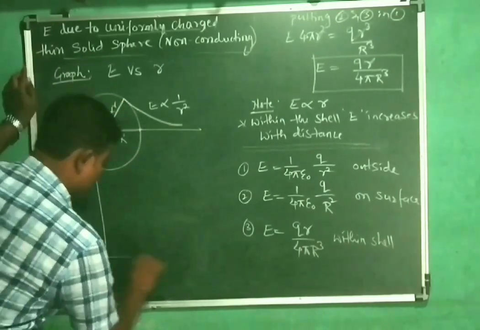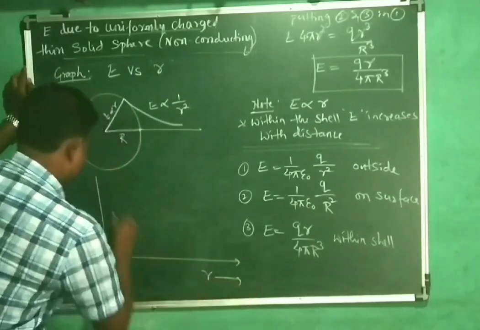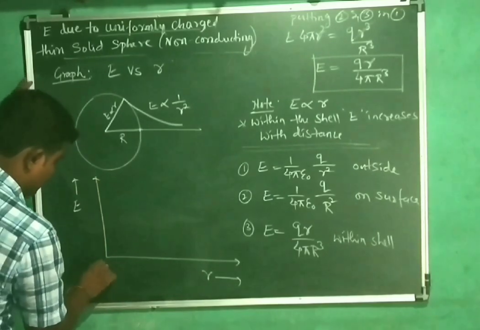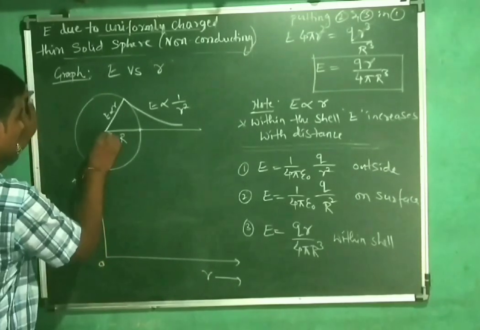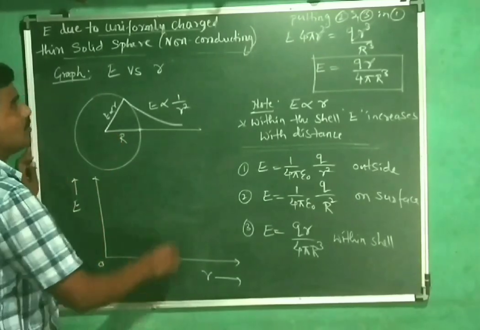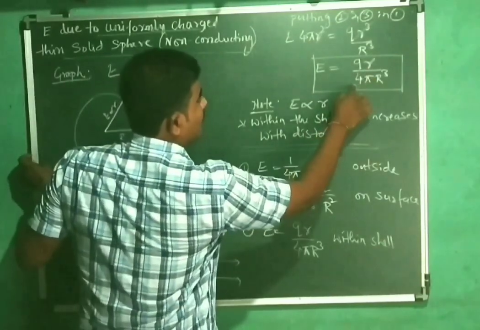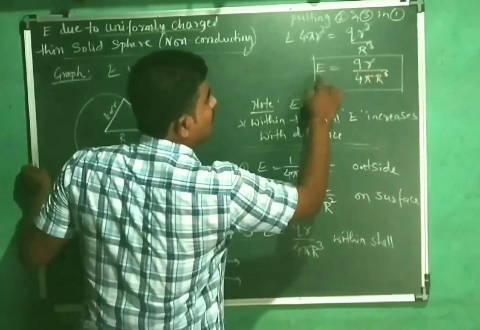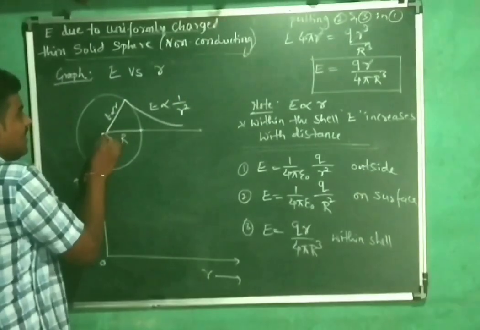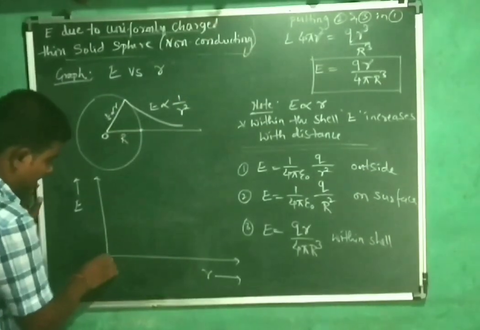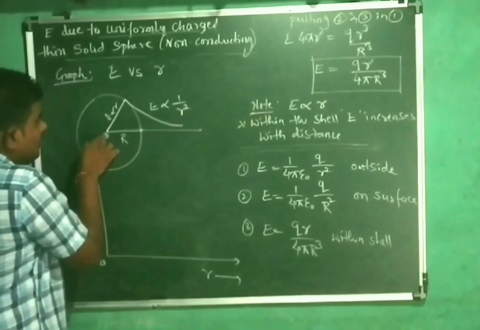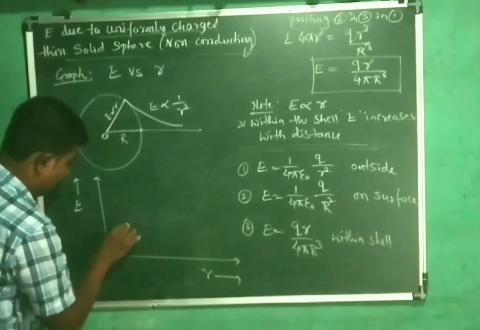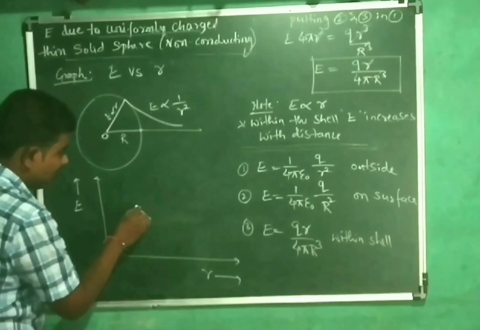We can draw the graph also. This is R and this is E. If I consider this as the center, at the center electric field is 0 because E is equal to Q r divided by 4 pi R cube. If r is 0, then electric field is 0. It means at the center electric field is 0. From the center, if distance increases, electric field is also increasing. Therefore, it increases till the surface.